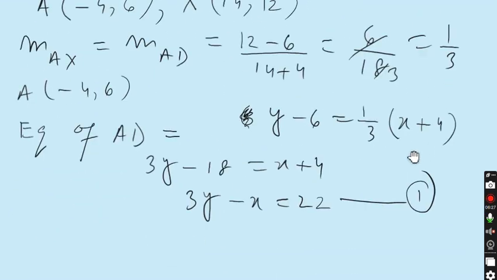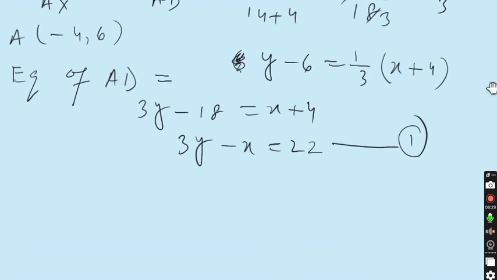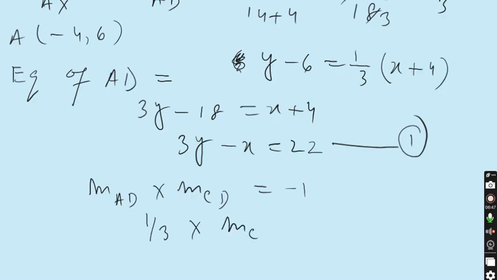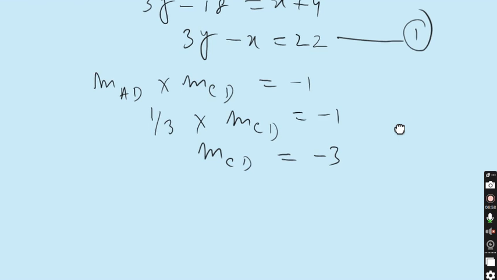Therefore the gradient of AD, m stands for gradient, multiplied by the gradient of CD equals -1. When two lines are perpendicular, the product of their gradients is -1. So 1 upon 3 times the gradient of CD equals -1. So the gradient of CD is 3 into -1, which is -3. Now write the coordinates of C.